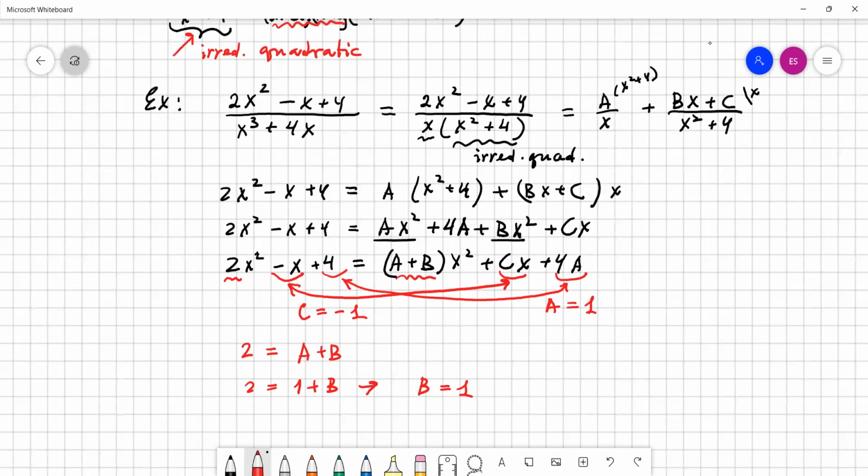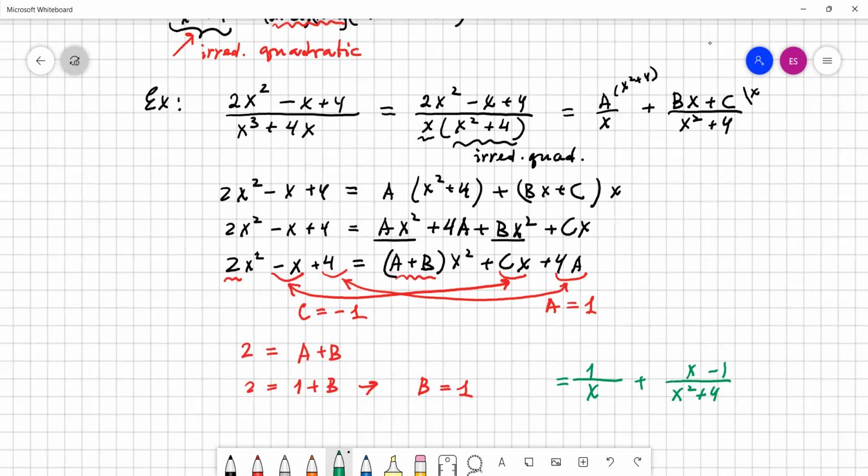So my fraction is going to look this way. Where is my A? A is 1 over x, plus, where is my B? B is 1, x, and where is my C? C is negative 1, all over x squared plus 4. Usually, guys, people don't write down this 1 over here, so just write down x.